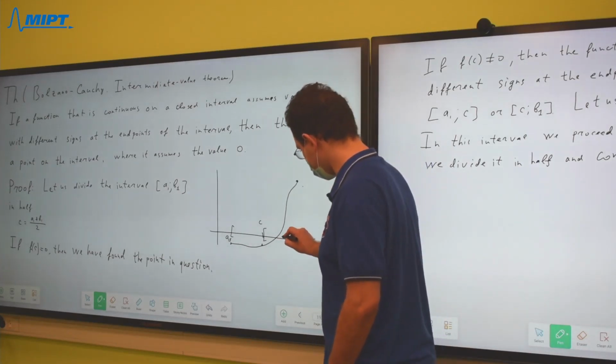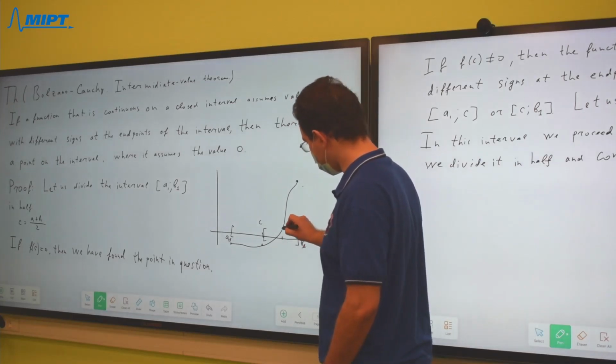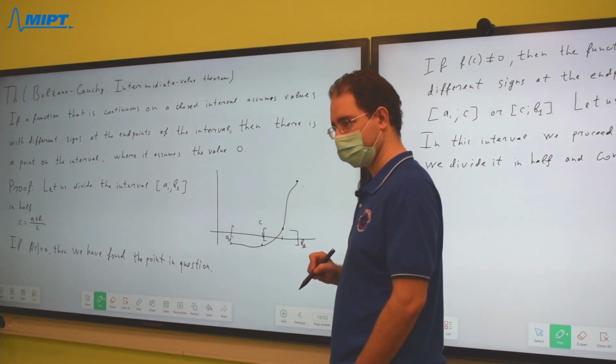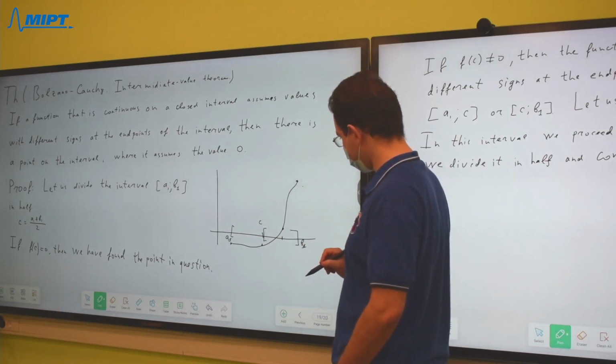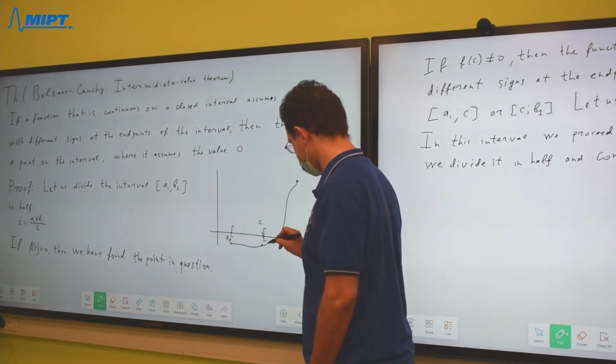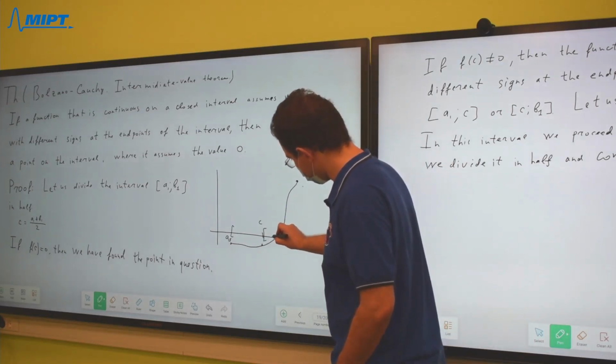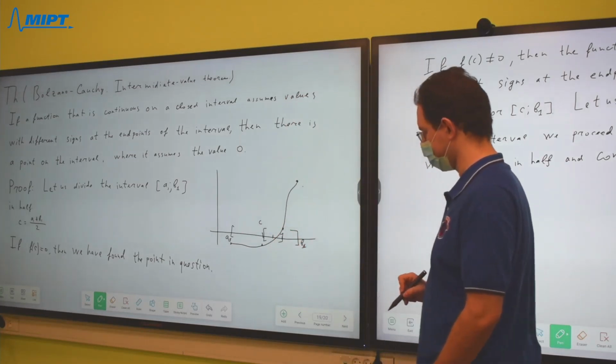I take this middle point, and I also look at the value at this point. In my case, it's positive, so I take the left half, and so on and so on. Once again, divide it in two, and so on.